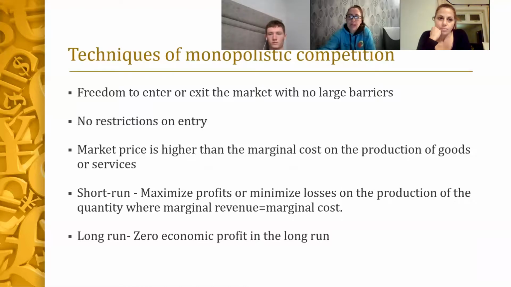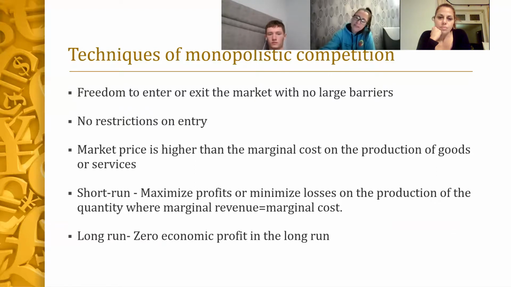One of the main advantages of monopolistic competition is there are no restrictions on entry. One of the effects of monopolistic competition on consumers is that the price is higher than the marginal cost on the production of goods or services.